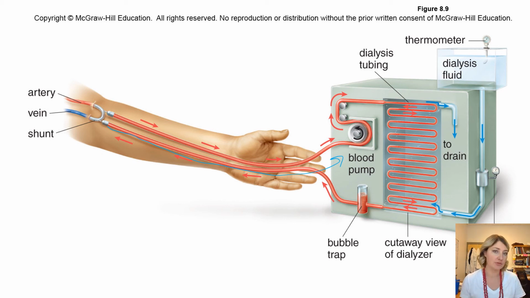Typically, if an individual is on dialysis treatment, it does take a couple hours for all the blood to be filtered through the dialyzer, and you would need about 2 to 3 treatments per week depending on the functioning of your kidneys at that particular time.